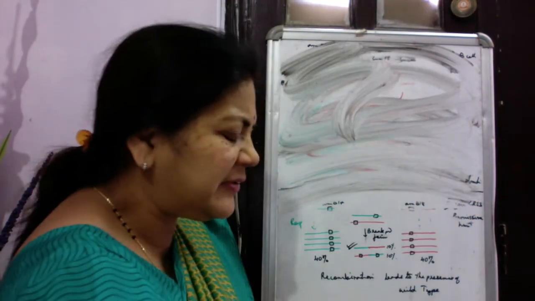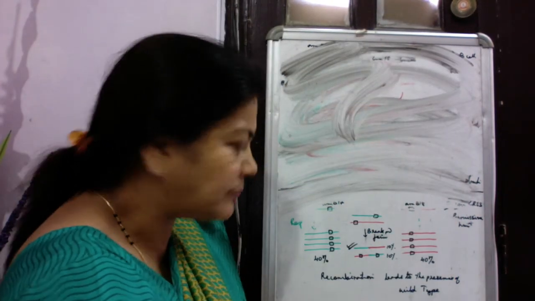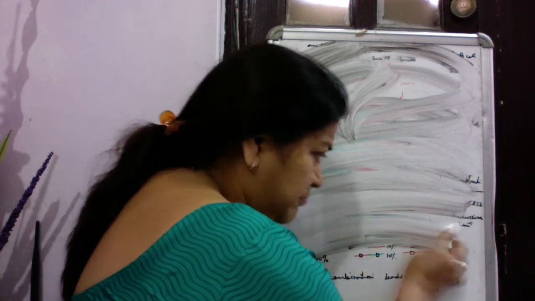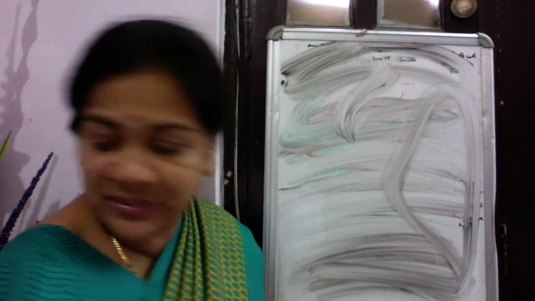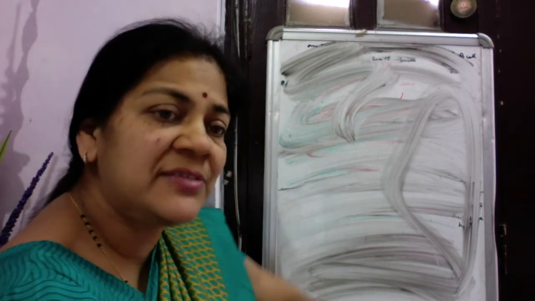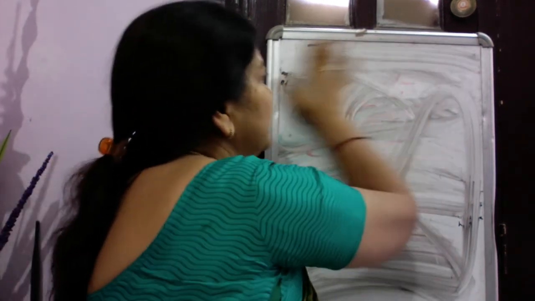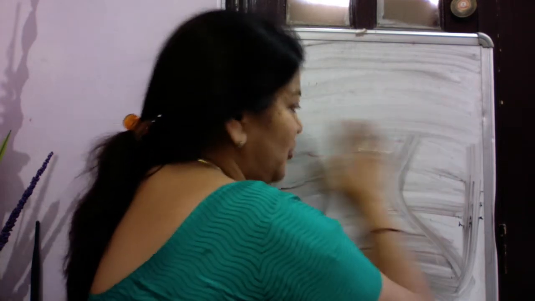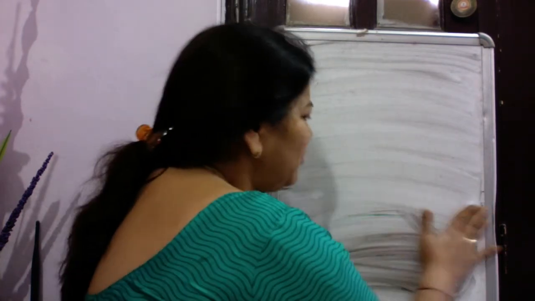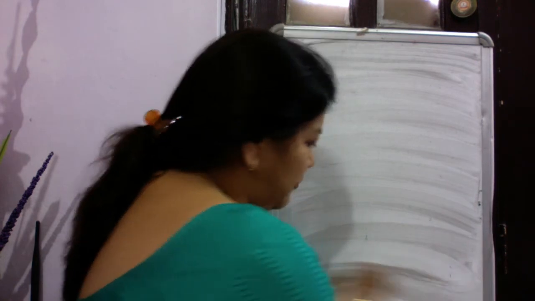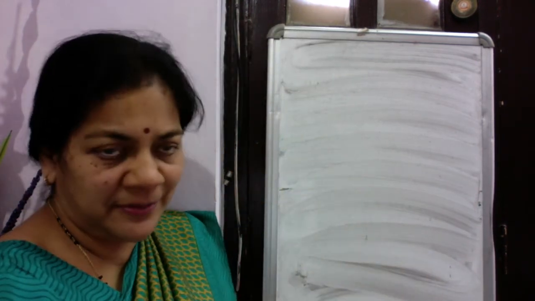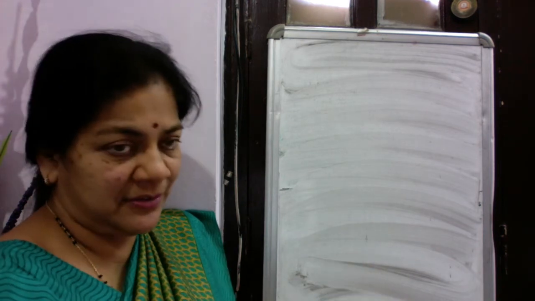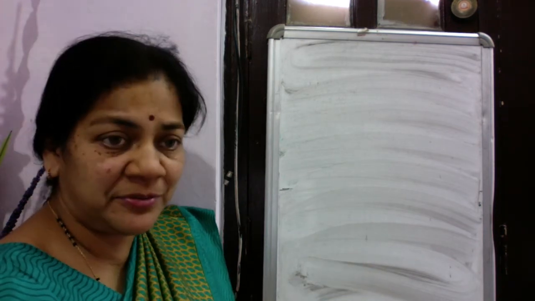Complementation analysis can be done for most of the genes. However, where there are dominant mutations, you cannot do it. If there are point mutations, again you have some problem, because there is a phenomenon called intragenic complementation, where there is an amino acid substitution.